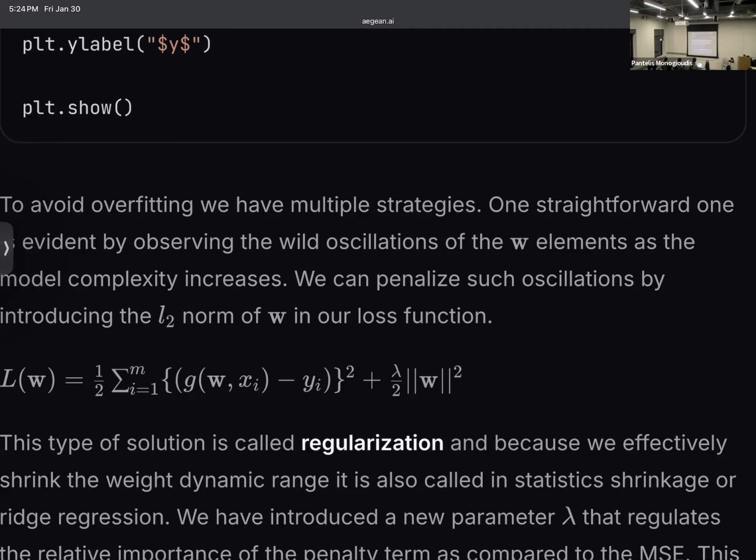Yes, high values of weights. Because we printed the elements of W with overfitting, we saw values like 400,000, minus 400,000. In its attempt to go through all the data points, the W's were exhibiting some huge swings.